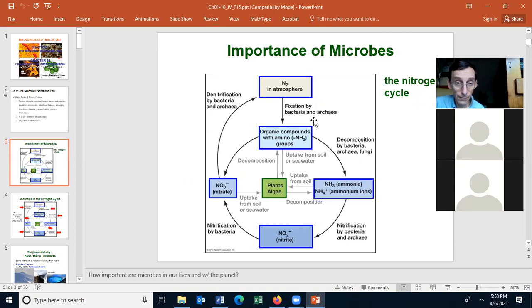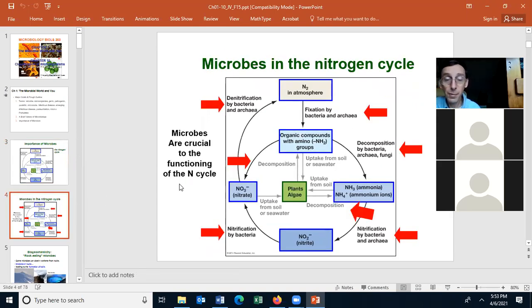And how important are microbes in our lives and with the planet? Well, when we look at the nitrogen cycle, every part of the nitrogen cycle that has a red arrow, that step is done by microbes. And the only reason why the nitrogen moves from one part in the ecosystem to another part is by a microbe. Okay? And if you notice, in most of the nitrogen cycle, there's this step and this step with the soil where the ammonium just moves around in the soil to the plants and the plant decomposes.